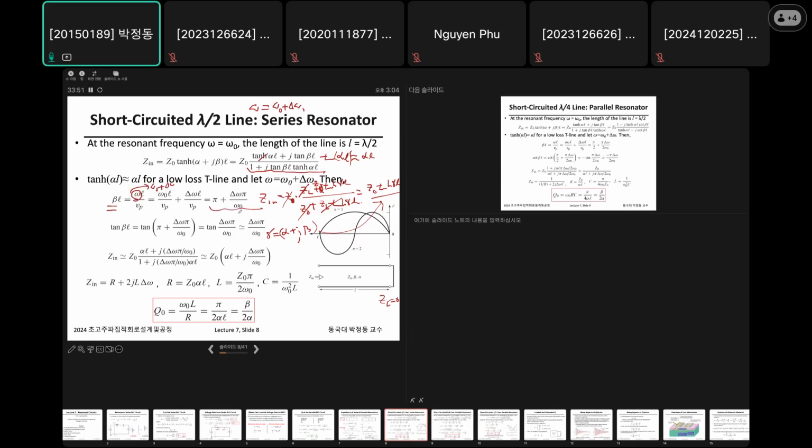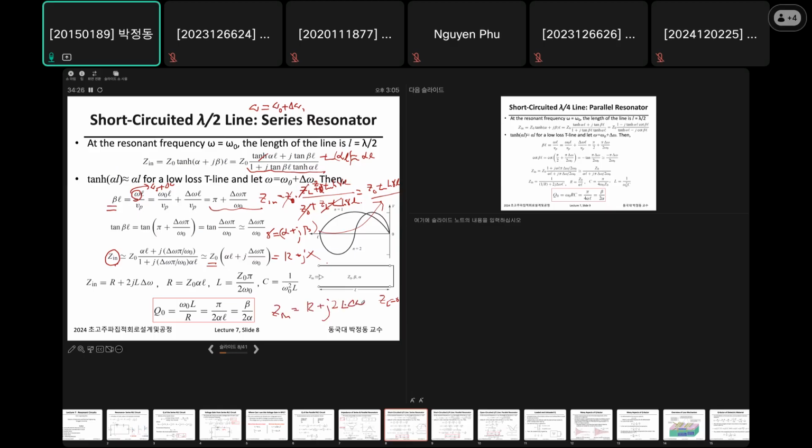Throughout this expression, you can express G in terms of G naught plus J and so on. So this is R plus J X. As we've seen before, the series network is expressed in the bandwidth as J2 L delta omega.